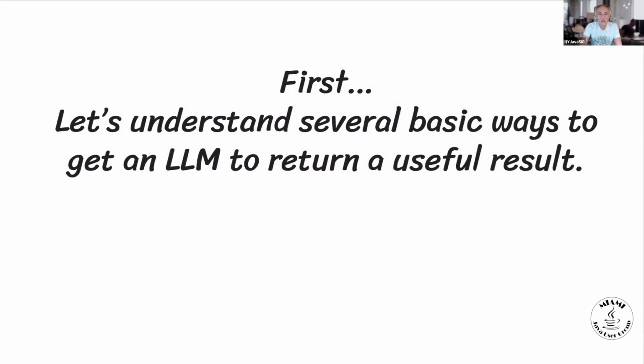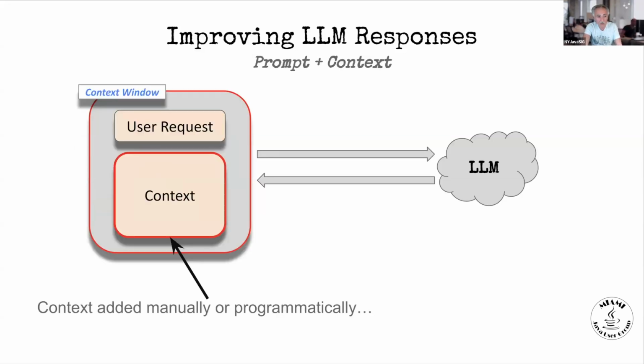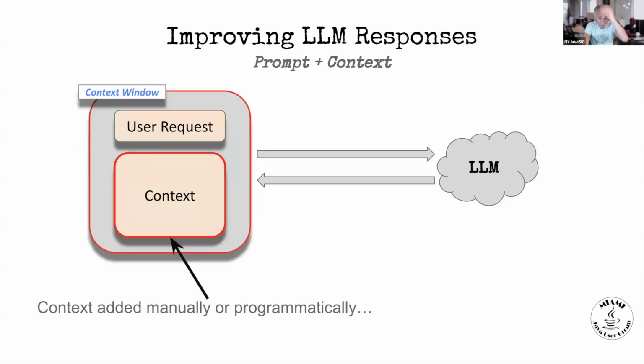All right, so there's a couple of ways to get a language model to return useful results, and here are the differences. Obviously, there's the simple prompt, and the simple prompt is that you have the request and you have your context window. So you put the stuff into the context. Here, this is the base simple prompt. Here we're adding context.